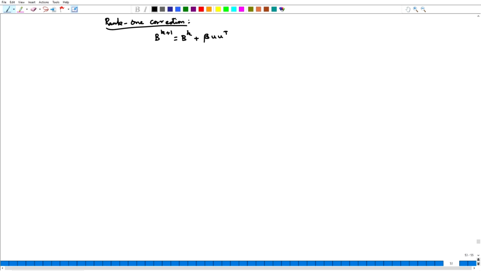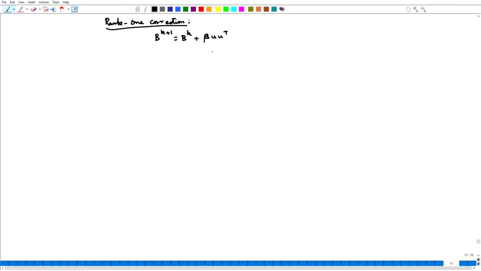Of course, when you add 2 matrices, both have to be of order n cross n, right. So, when I say add a rank 1 matrix, it is of course an n cross n matrix, but the rank is 1. Okay. Such a matrix can always be written in the form beta u u transpose, where u is an n length vector, right.